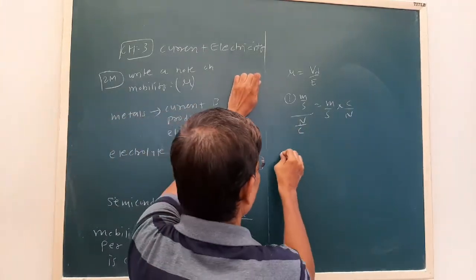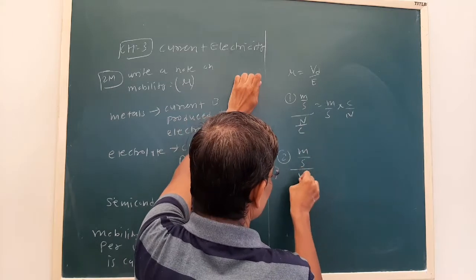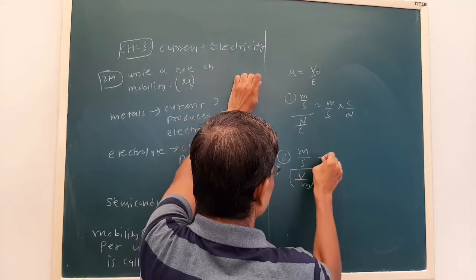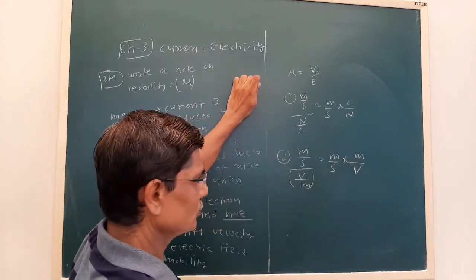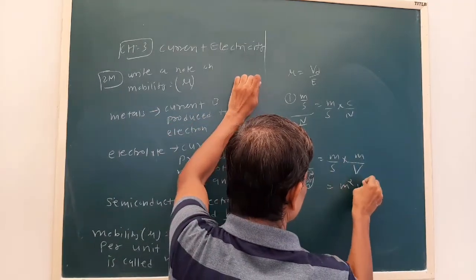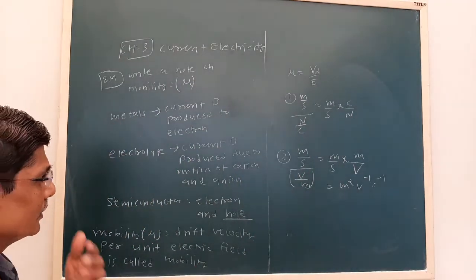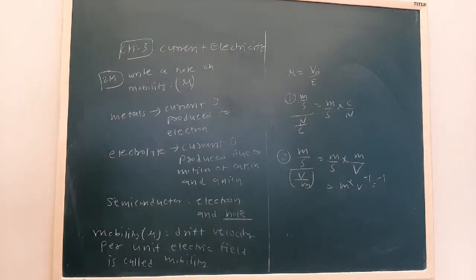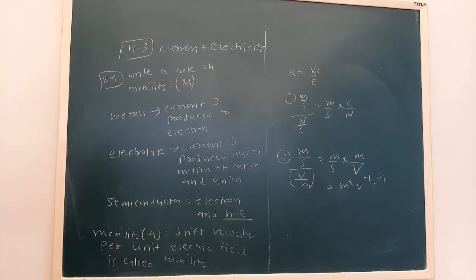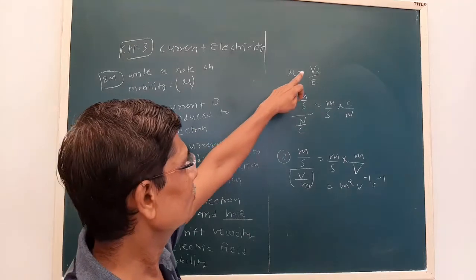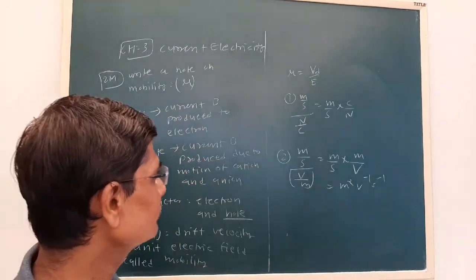Now the same thing can be represented as: meter per second, the electric field unit is volt per meter, so meter square per volt second, that is another unit. Now mobility is drift velocity per unit electric field, so mu is Vd by E. The first unit we have derived: velocity is meter per second, electric field is in Newton per coulomb.